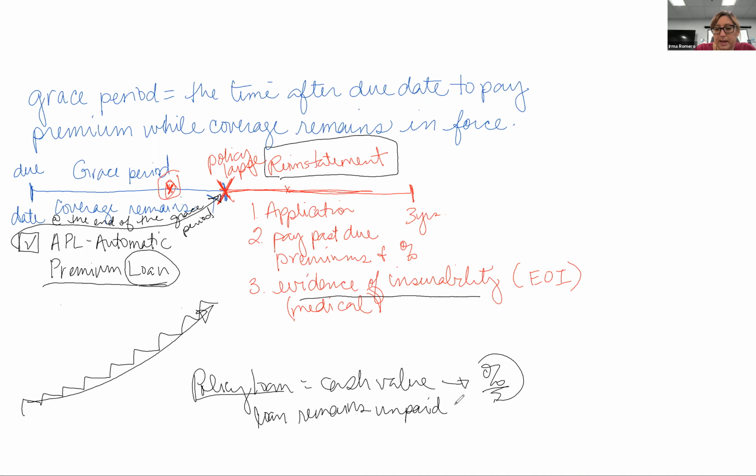If the loan remains unpaid upon the death of the insured, what happens?